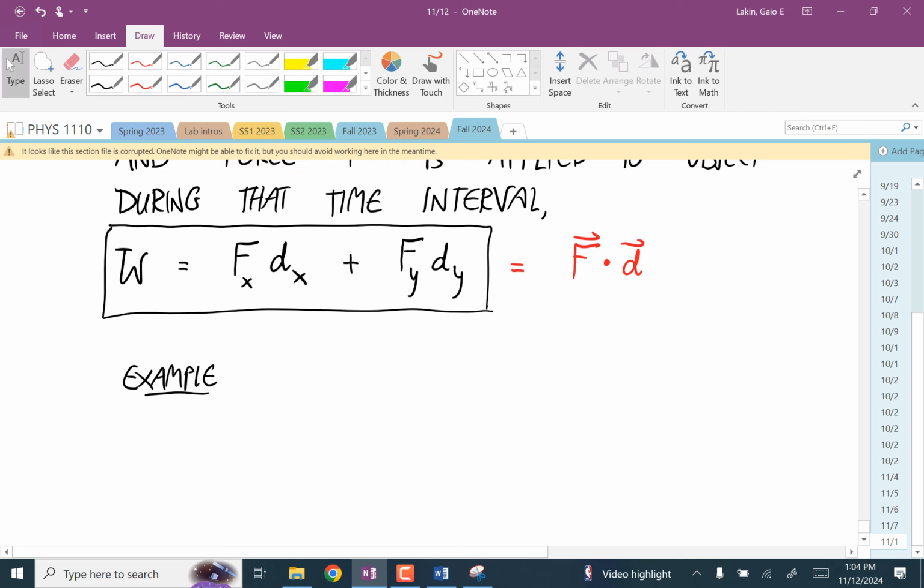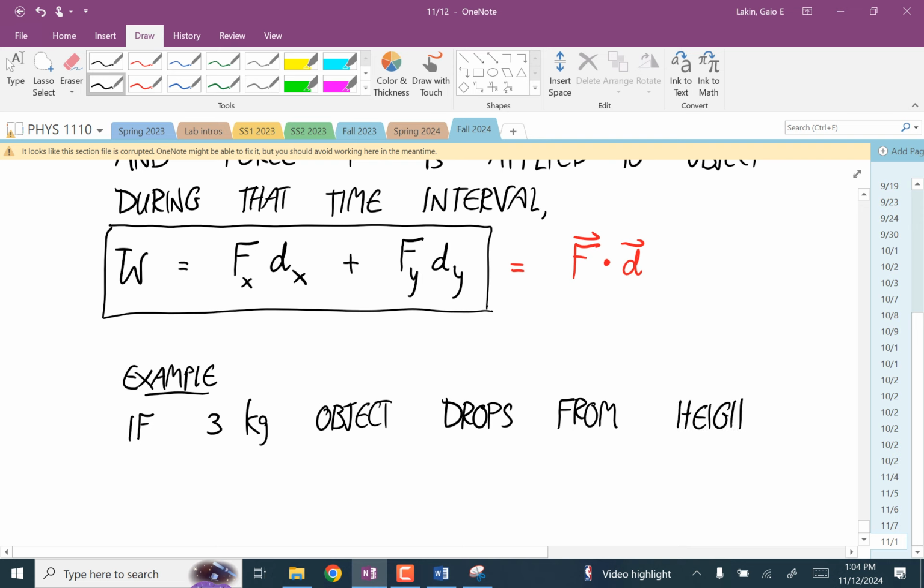So let's say a 3 kilogram object drops from a height of 5 meters to a height of 2 meters.